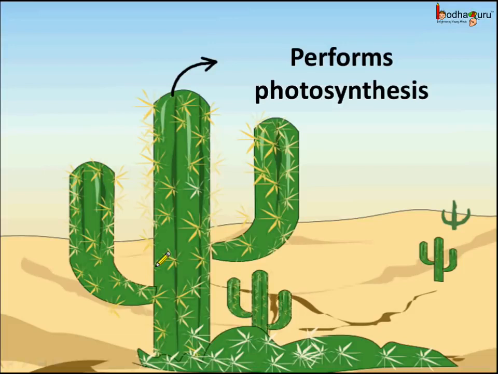Not only this, as the water is scarce, the stems also store water. So the stems store water too. And what about the leaves? The leaves are reduced to spines so that the loss of water is minimum due to transpiration.